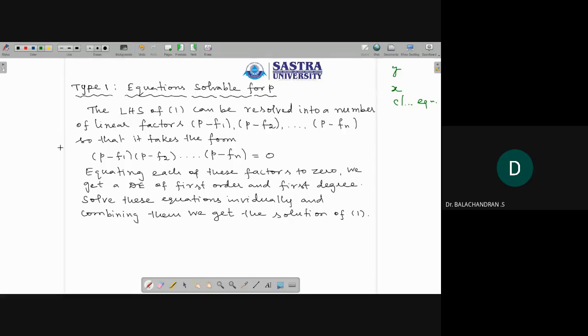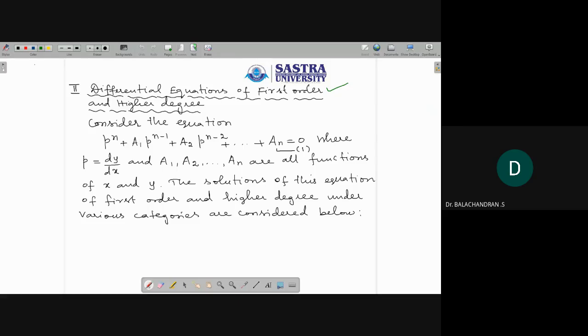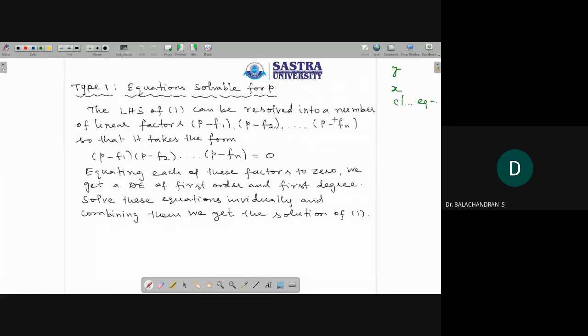The left hand side of equation 1 can be resolved into a number of linear factors, so that it takes the form p minus f1 into p minus f2 into p minus fn equal to 0.